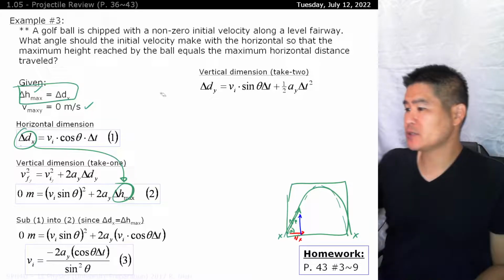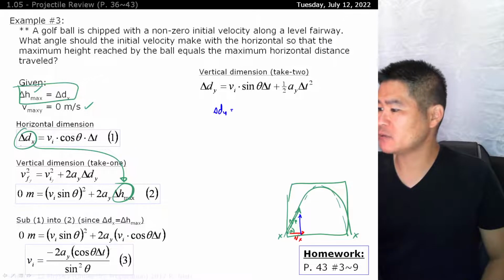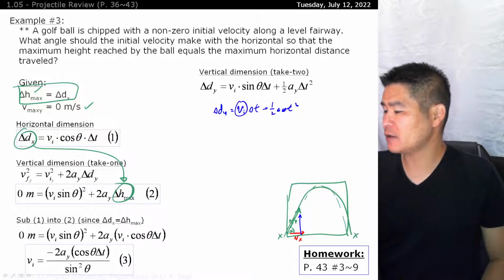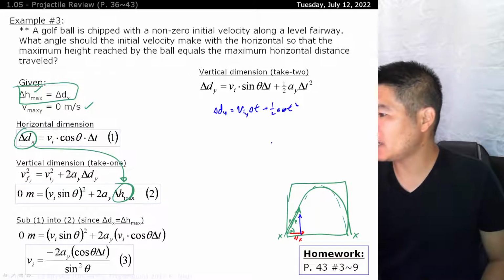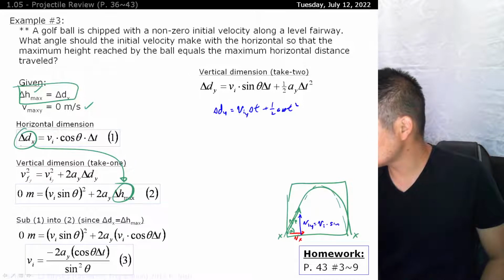Okay, so yes, we're going to start off with our generic equation for our delta dy, which, as I said, most of the time is this: vi delta t plus 1/2 a delta t squared. We're going to replace our vi y with vi, right? Because our vi y is equal to vi times the sine of theta.